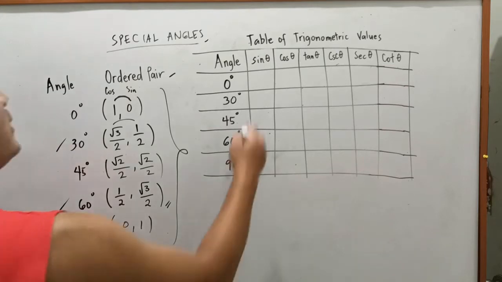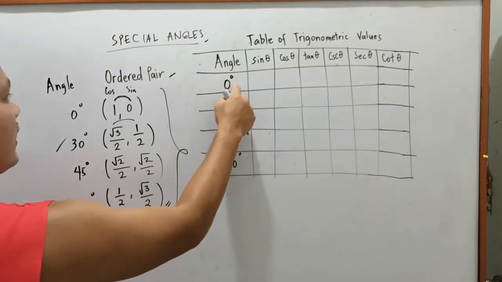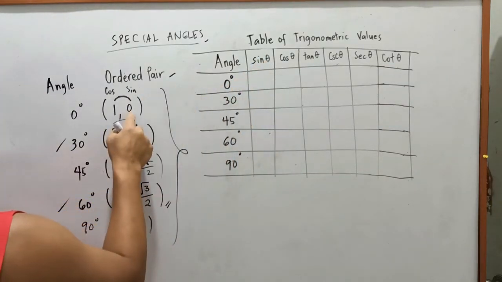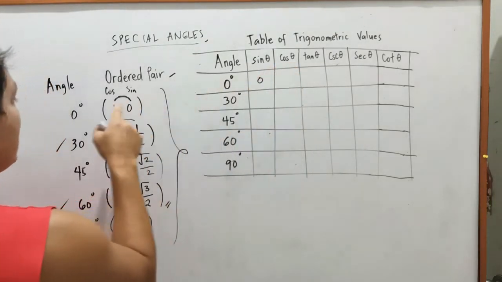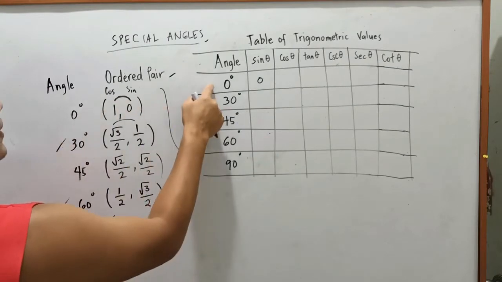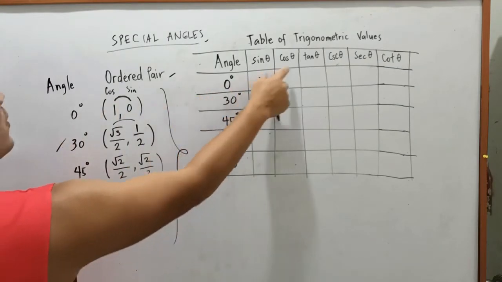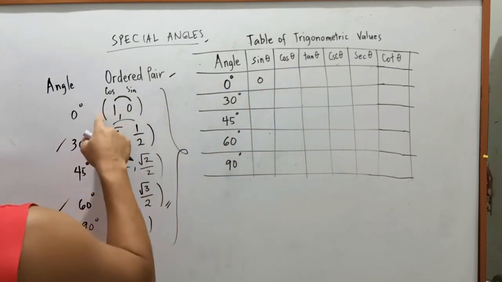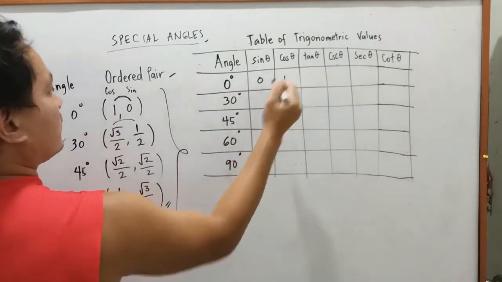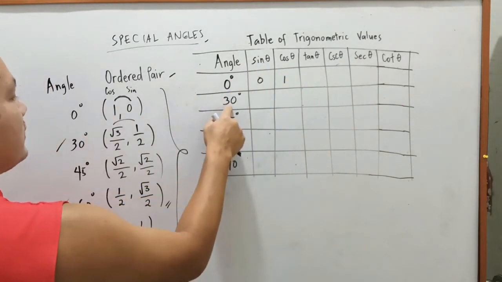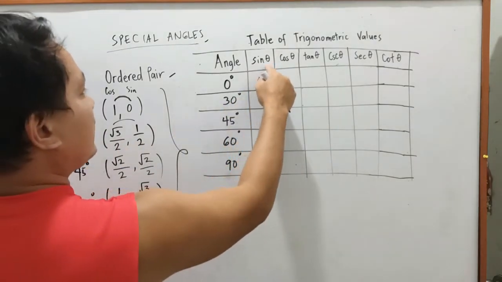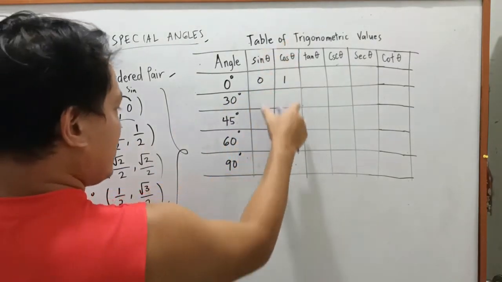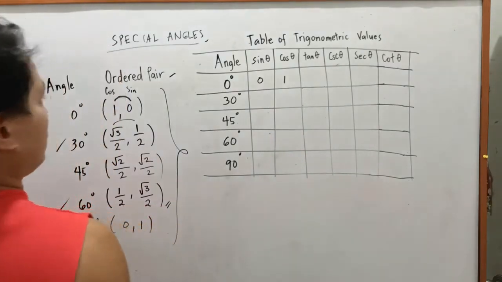Okay, now, for sine theta, sine 0 degrees, the value of sine is 0. For cosine theta, cosine 0, sa column ng 0 tayo, cosine 0 is 1. How about sine 30 degrees? Uunahin muna natin ang column ng sine and column ng cosine kasi mas madali natin itong makakompleto.